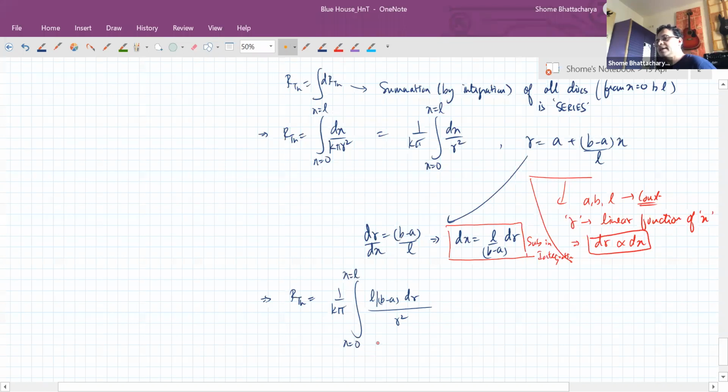When x is 0, r's value is a, and when x is L, r's value becomes b. That we know from the fact that r was a plus b minus a by L into x. So this equation told us that when x is 0, r was equal to a. When x is L, in fact, this equation was derived from that concept only.